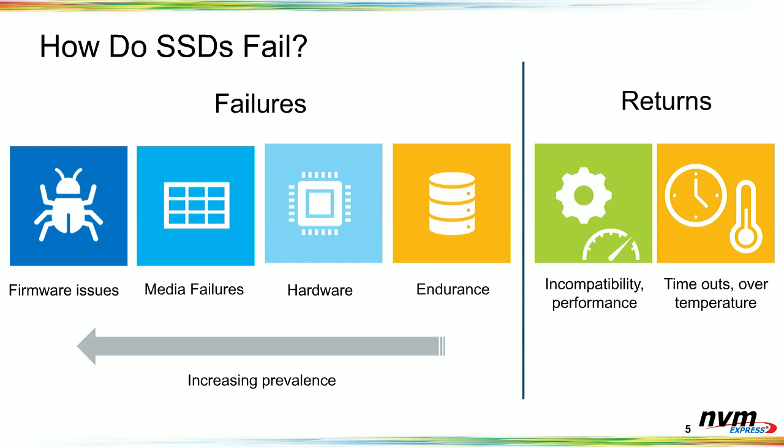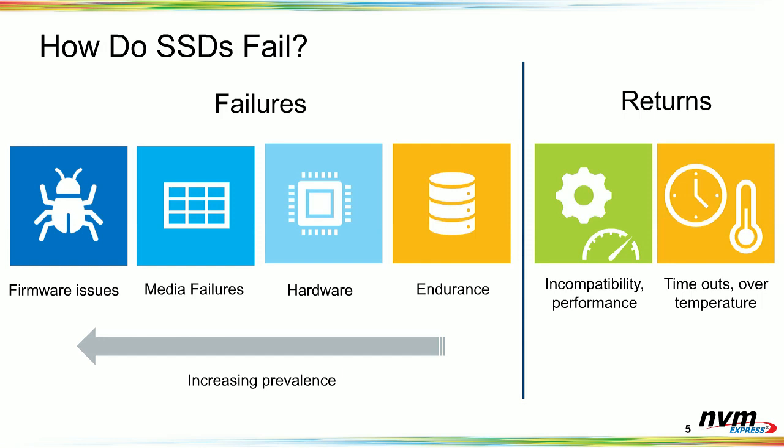I've been a product manager for data center SSDs at Intel since our first NVMe drive, the P3700 in 2014. So I've got to look at a whole lot of data in the field on how drives fail, especially NVMe drives, for product families that we've shipped multiple millions of units of, and I've categorized them here in increasing prevalence.